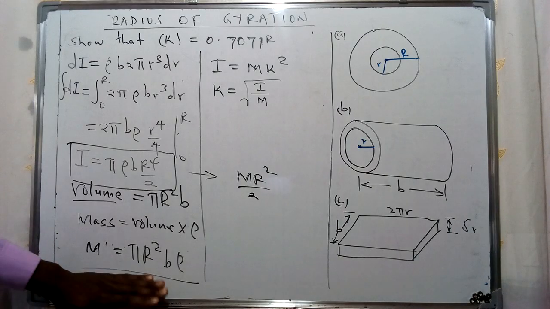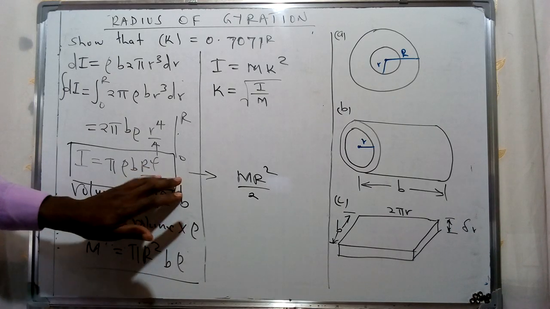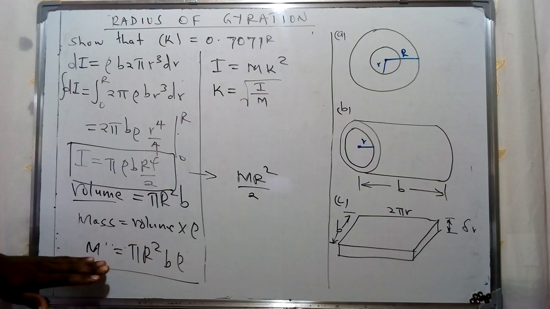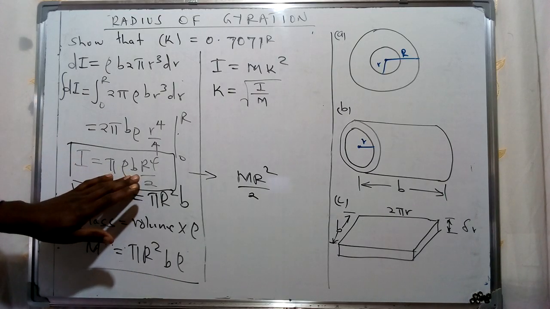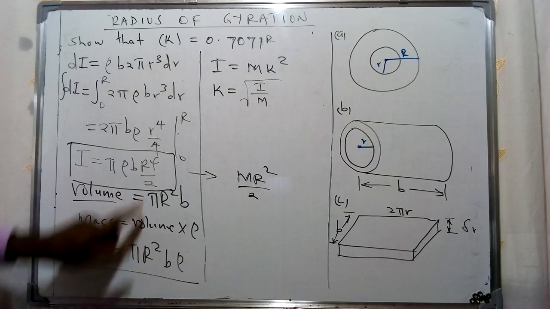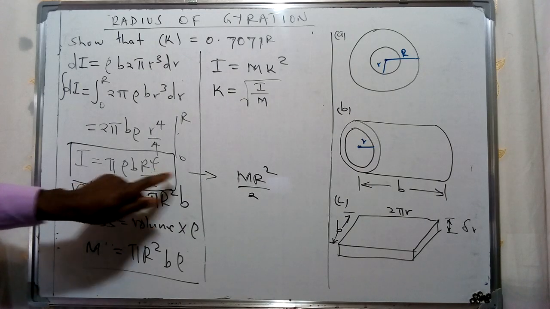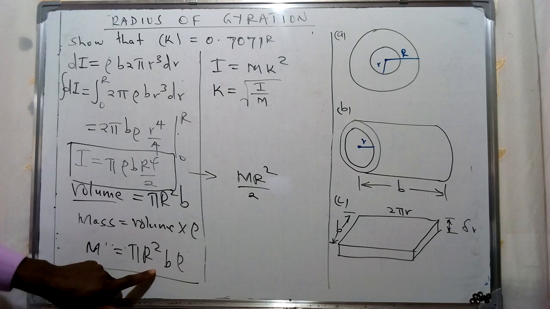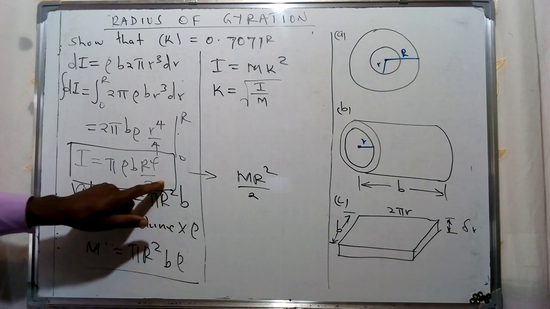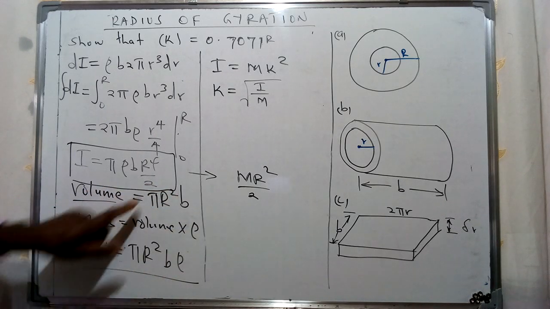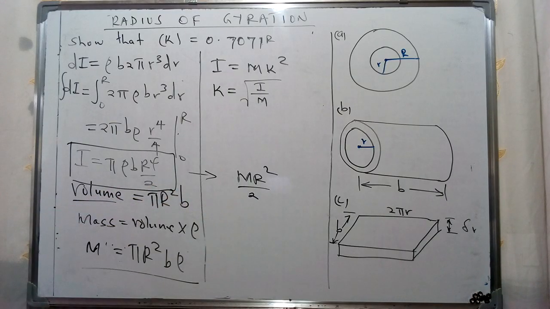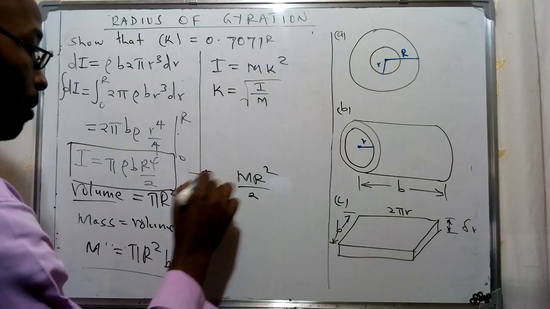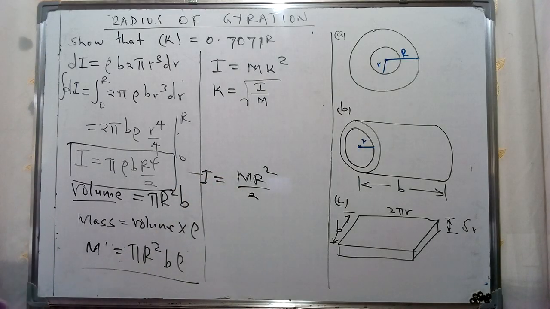So we are going to remain with the r squared, whereby the rest of the parts are going to be substituted by m, except for the factor of a half. So this moment of inertia can be given in this fashion.